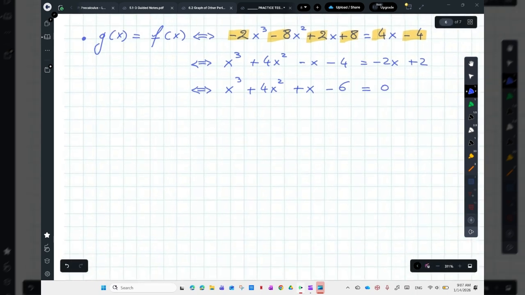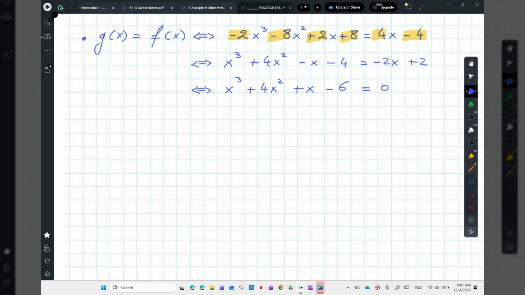So I need to solve that polynomial equation. And to do so, I'm going to use the rational zeros theorem. I'm going to identify P as an array constituted of 1, 2, 3, and 6, referring to the constant here. Q would be just 1.